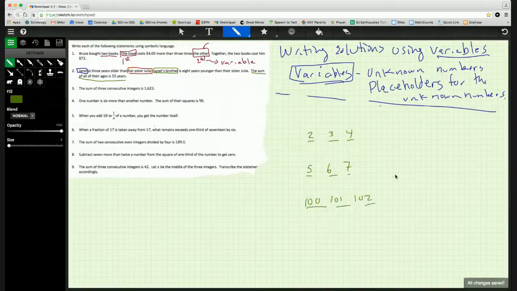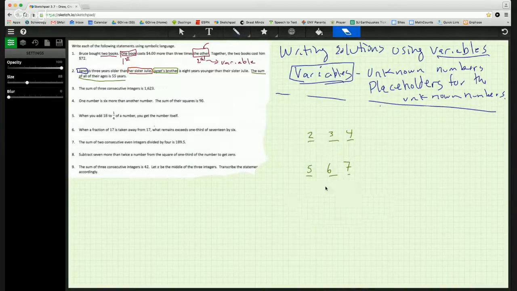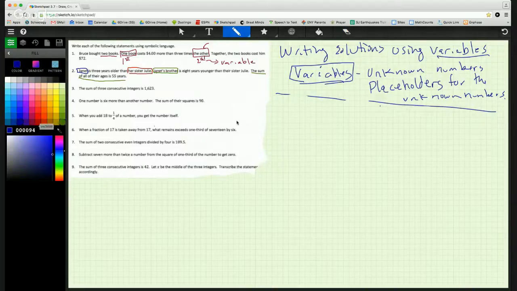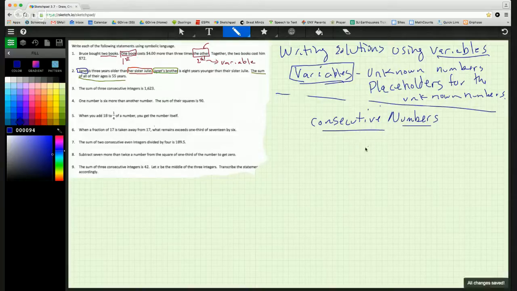Okay, got the hang of it? So the interesting thing about consecutive numbers is that they can be easily represented with algebra, with expressions. So if I have 3, 4, and 5, how did I get from 3 to 4?